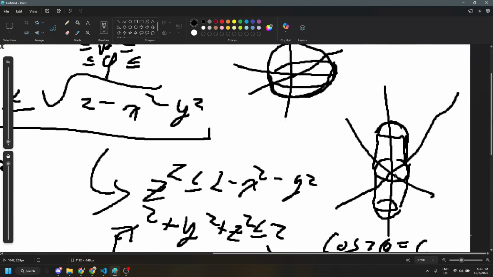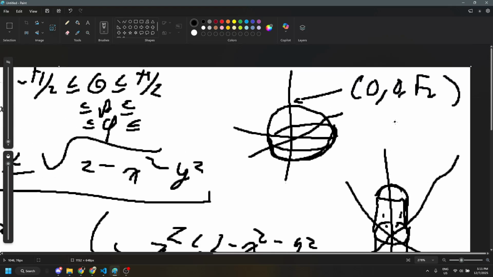So phi can only go to here. That gives us an ice cream cone shape. What we're given is like this, but x has to be positive, so we cut out that part.